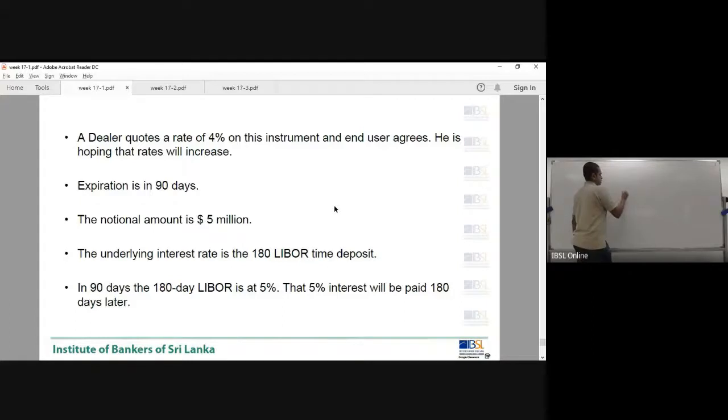Market is 5%. Right. So the profit will be the market rate of 5%, remember the equation, minus 4%. And this comes over a period of 180 days. Divided by 1 plus the market rate of 5% into 180 over 360.